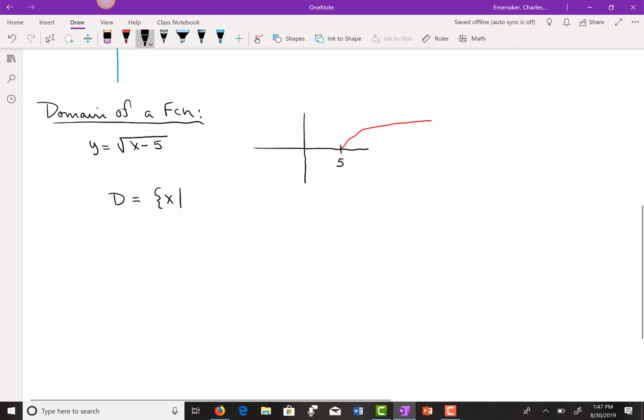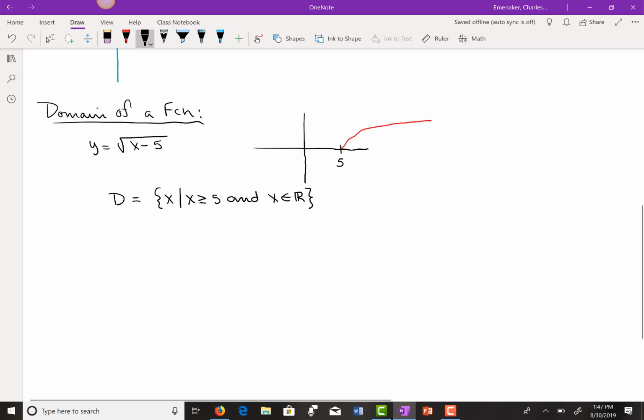That's a little bit bigger than 11. Yeah, that'll work. So there's all kinds of numbers that we can use, aren't there? The set of x such that x is greater than or equal to 5 and x is an element of the real numbers. There's one way to write it.